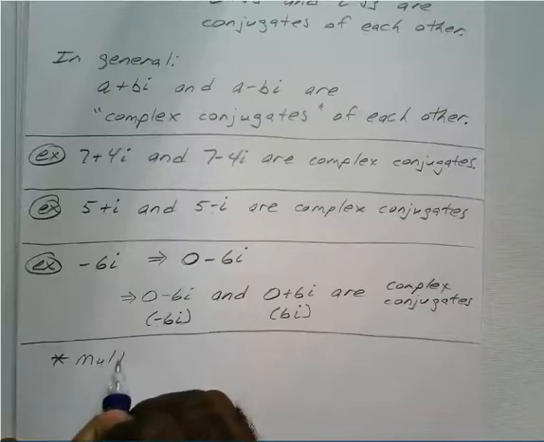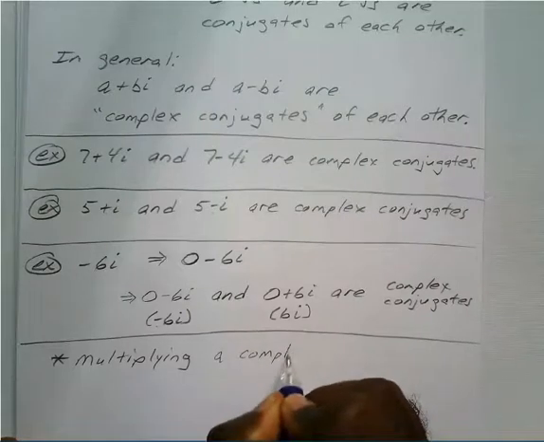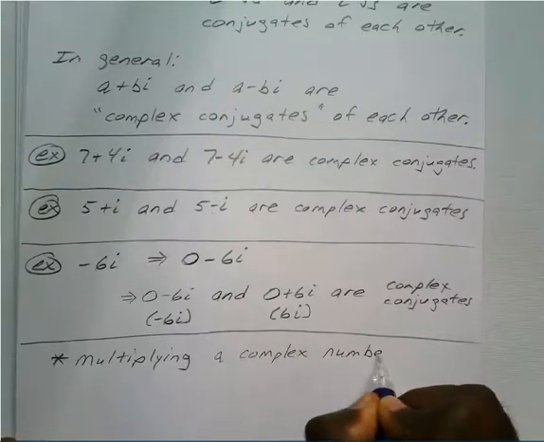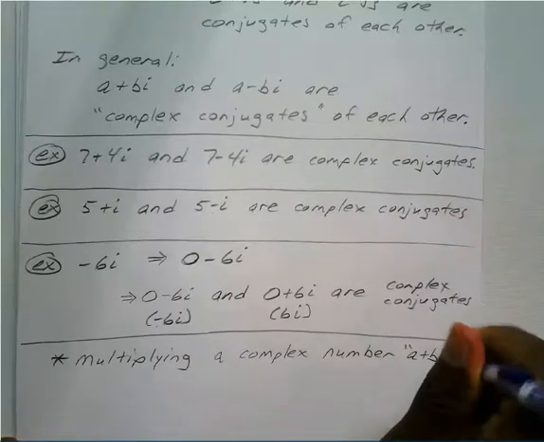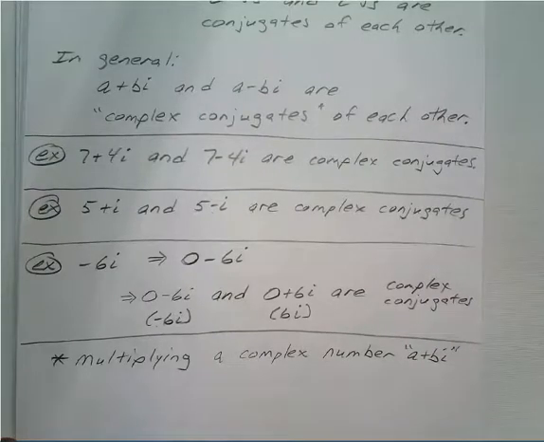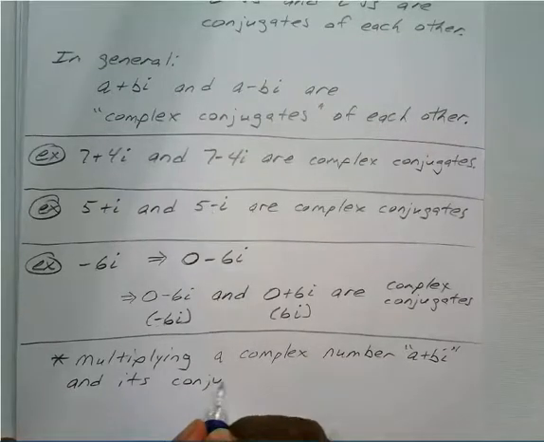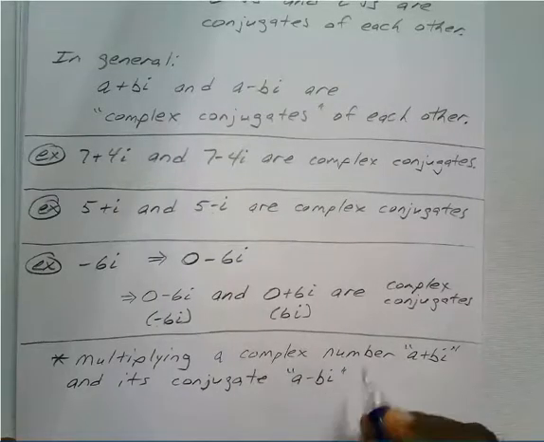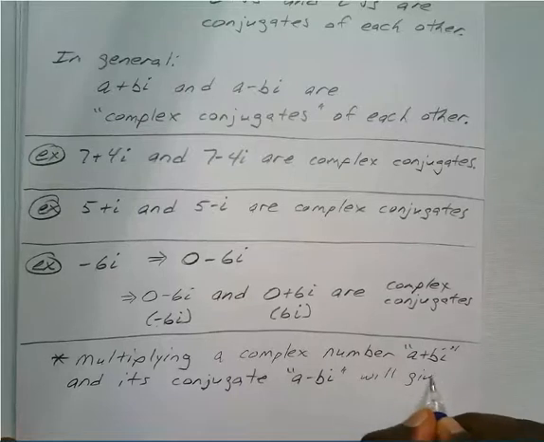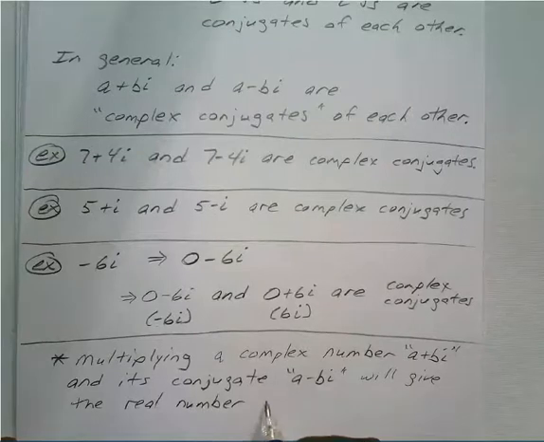If you're multiplying a complex number, which we'll say a plus bi, and its conjugate, which is a minus bi, it will give the real number a squared plus b squared.